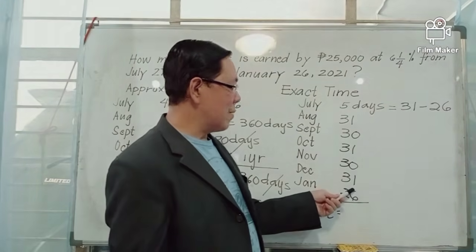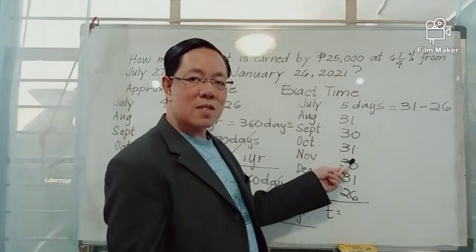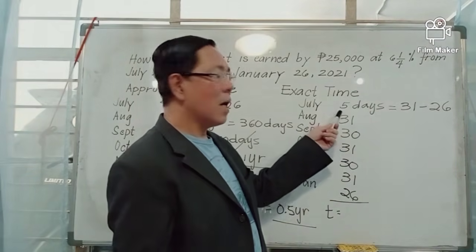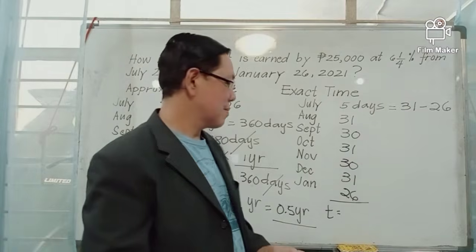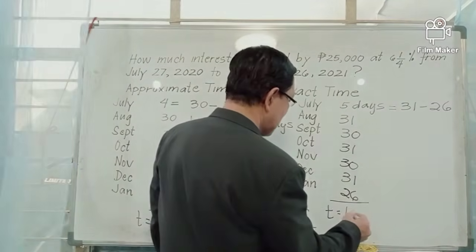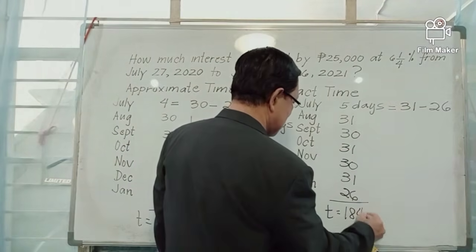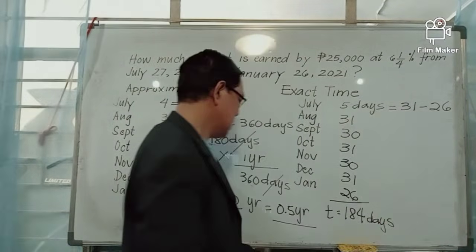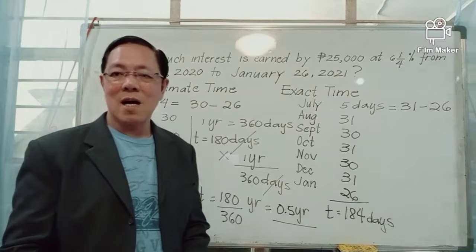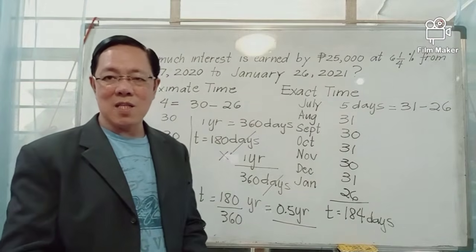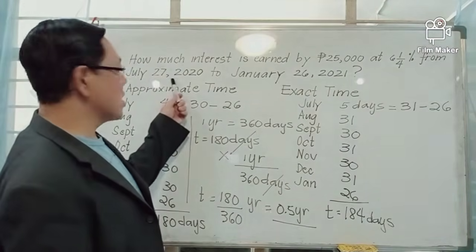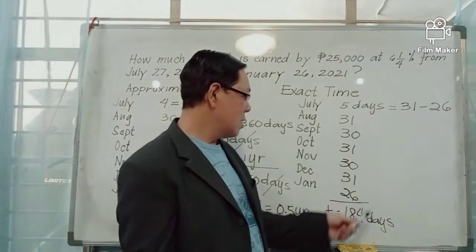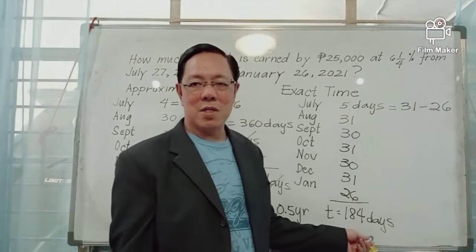Plus 1, 177. Plus 1, 178. Plus 1, 179. And plus 5, 184 days. The exact time, the exact number of days between July 27, 2020 and January 26, 2021 is 184 days.